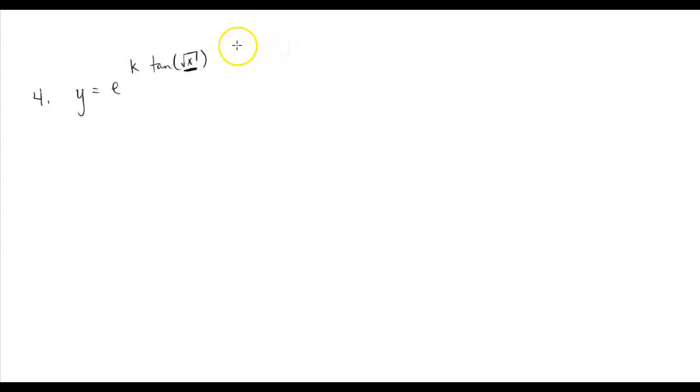So square root of x is inside tangent. And of course, this constant times tangent is an inside function for e raised to the x. So what we actually have here is that y is equal to f of g of h of x.